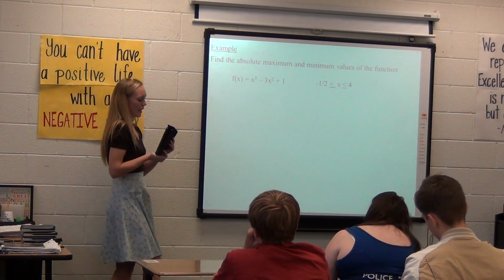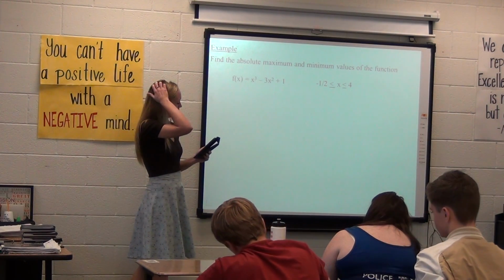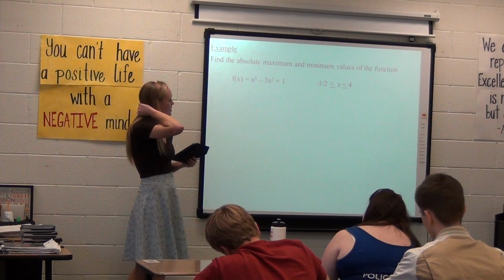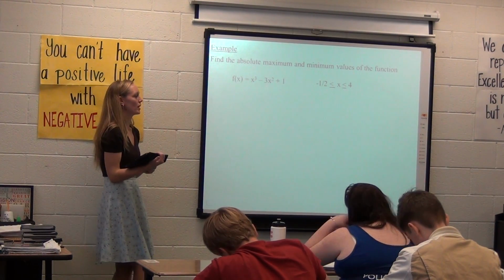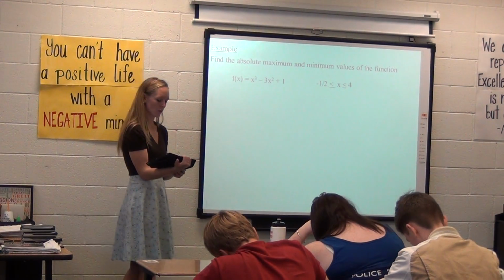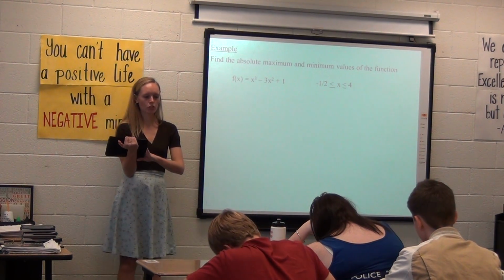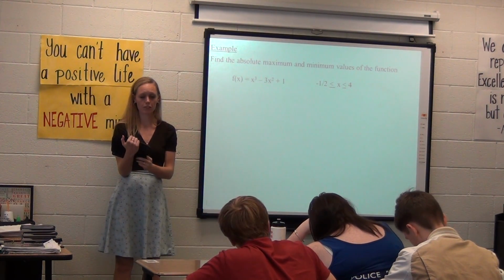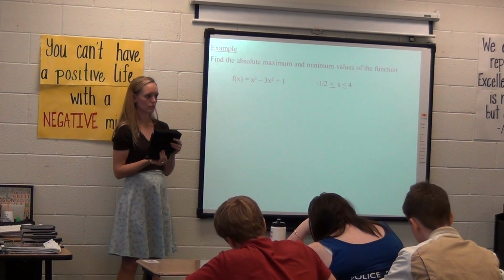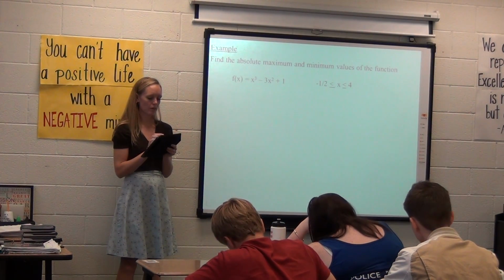We're asked to find the absolute maximum and minimum values of this function that they've given us, and we have the interval from -1/2 to 4. So, using the closed interval method, what's the first thing I need to do? I have to differentiate my function.